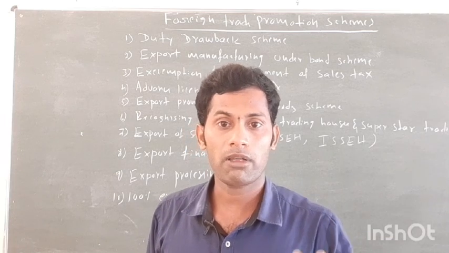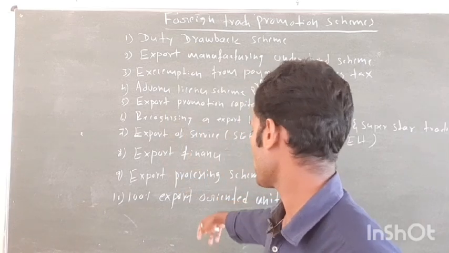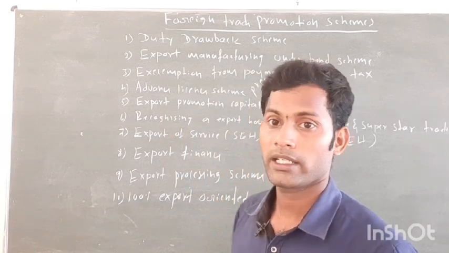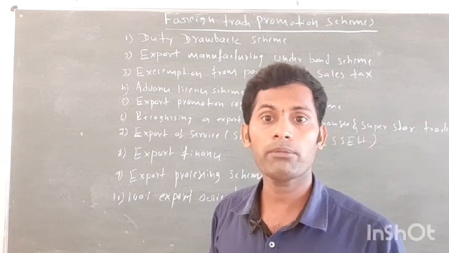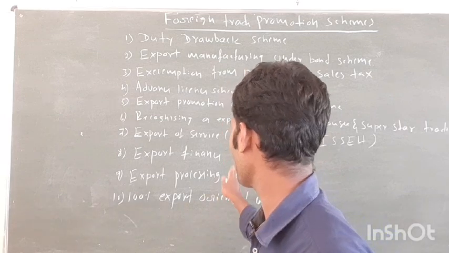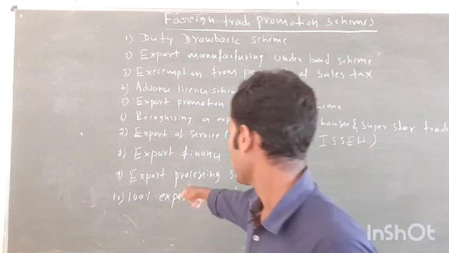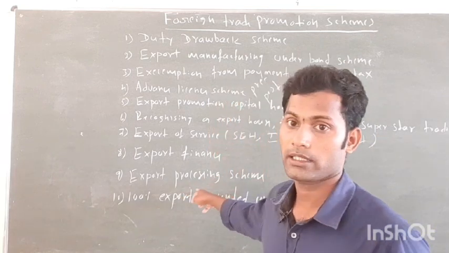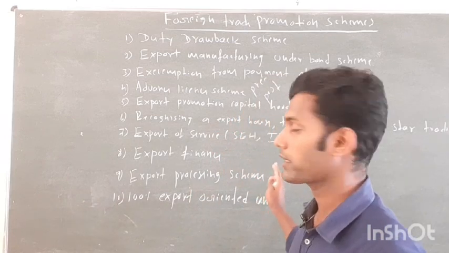Where we produce quality products, we have the 100% export oriented unit. Here the goods produced are only meant for exporting. This is complementary and supplementary to the EPZ or EPS. So it's the 10th one, the 100% export oriented scheme.